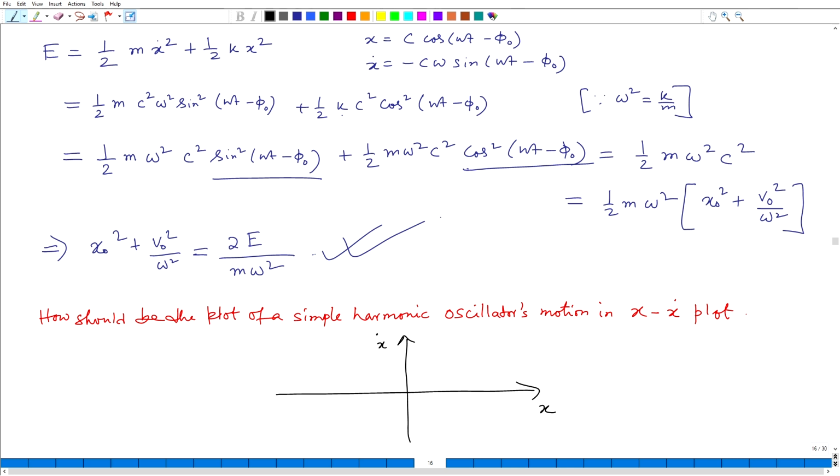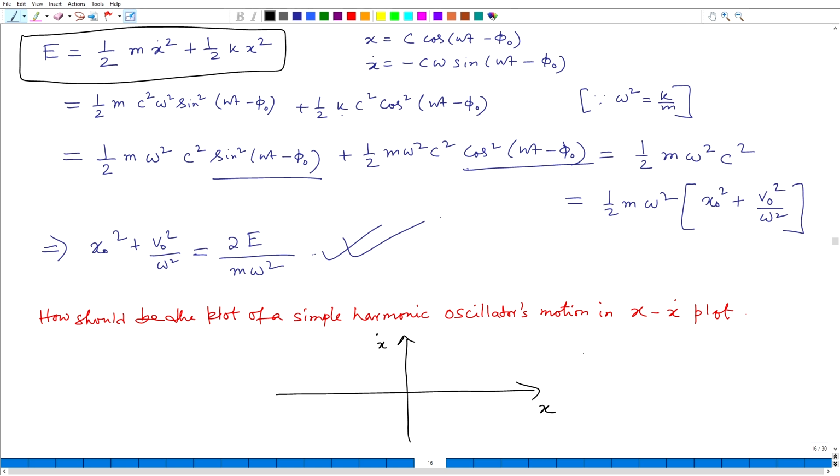So, you see, if you remember this equation, the equation is actually this. I am here trying to plot the trajectory of the motion of a simple harmonic oscillator in x versus x dot plot, and that is why I am simply writing this constraint which relates x dot and x.